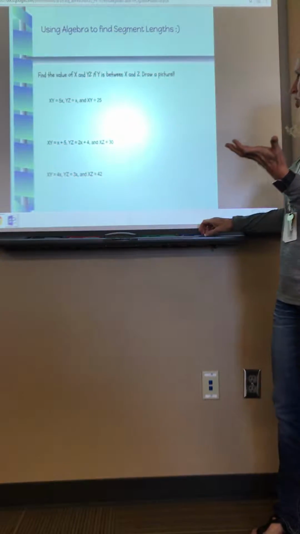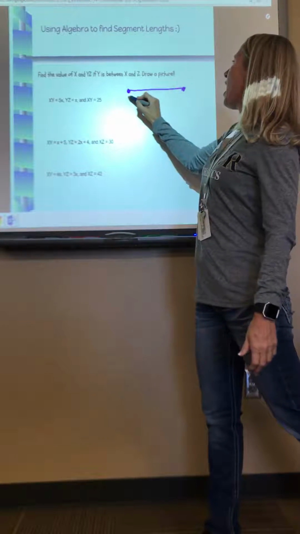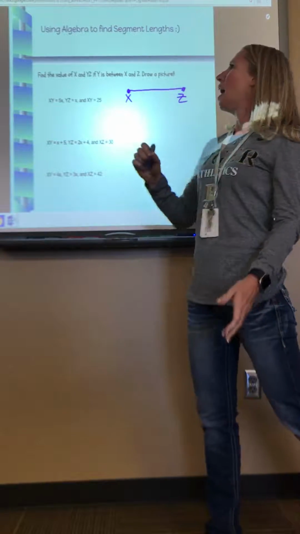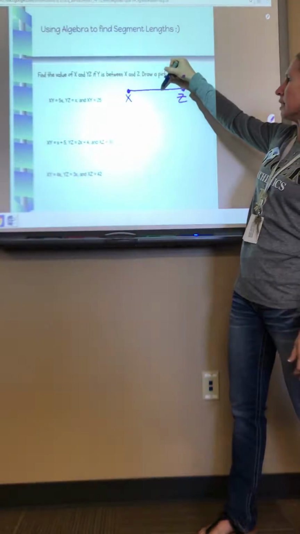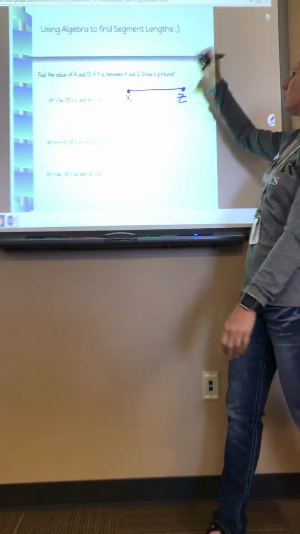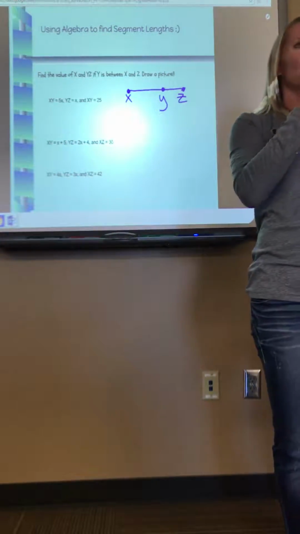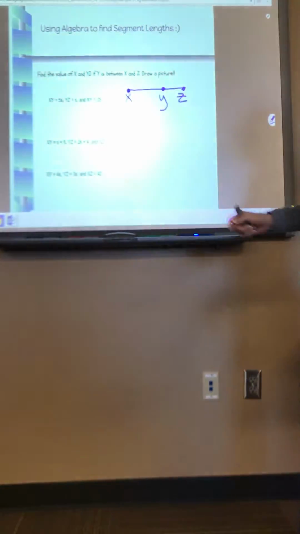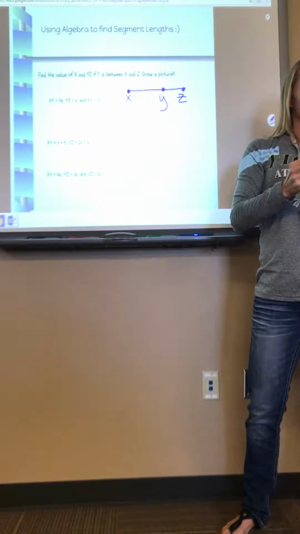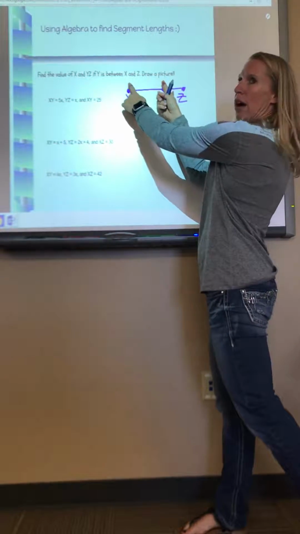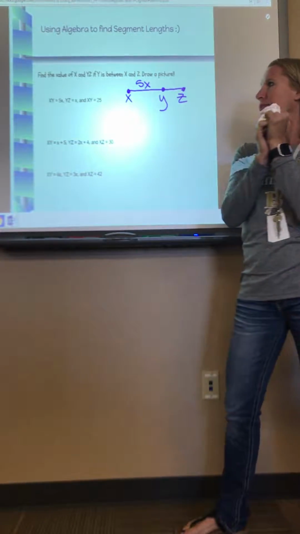So when I draw the picture out, I make a segment XZ and Y is somewhere between. It doesn't mean it's right in the center, it's just somewhere between. So I'm just going to put Y about right there. Then over here it says XY is 5x. So do you see where I have XY right here? I'm going to put a 5x.